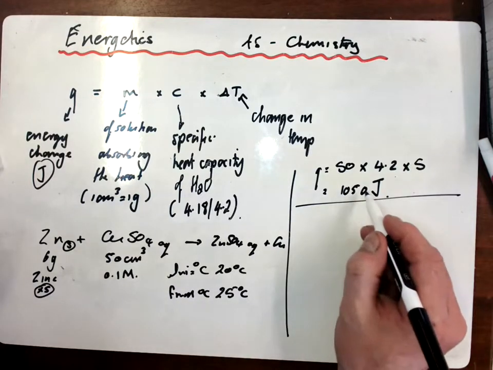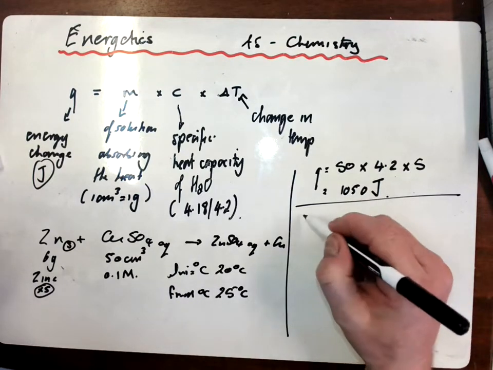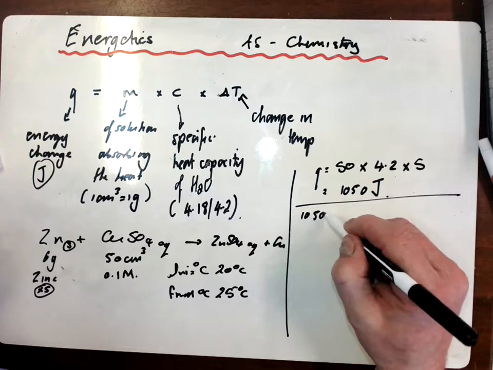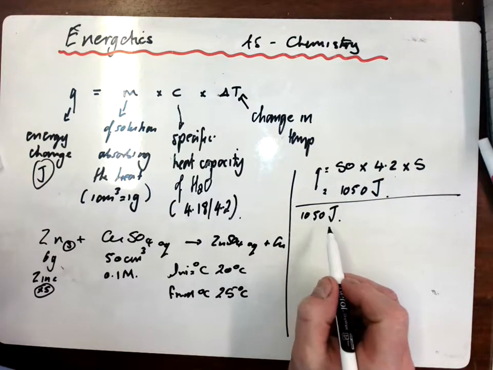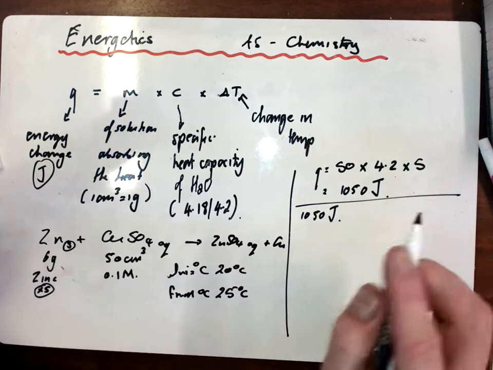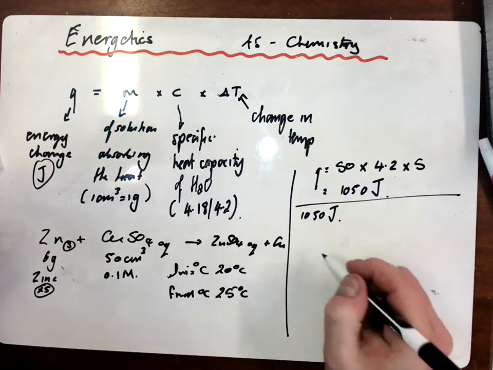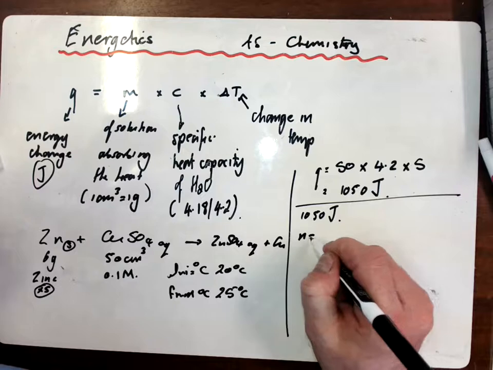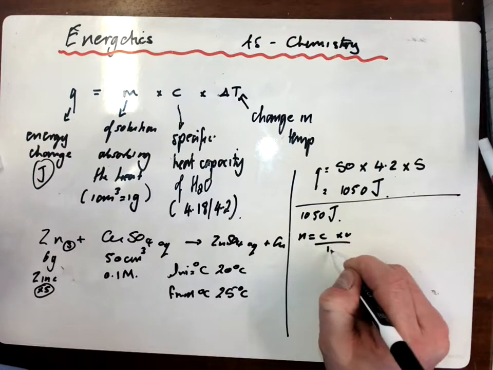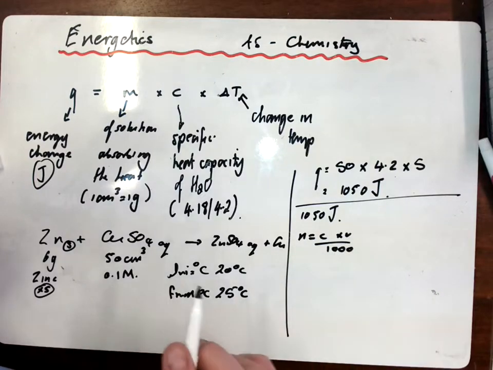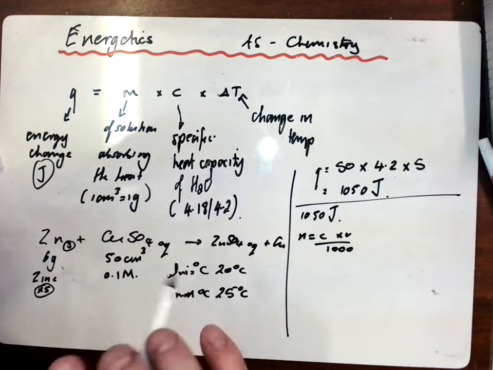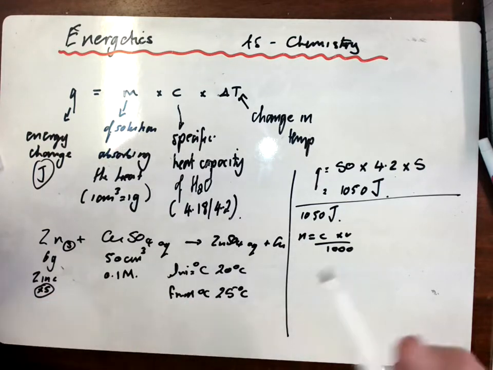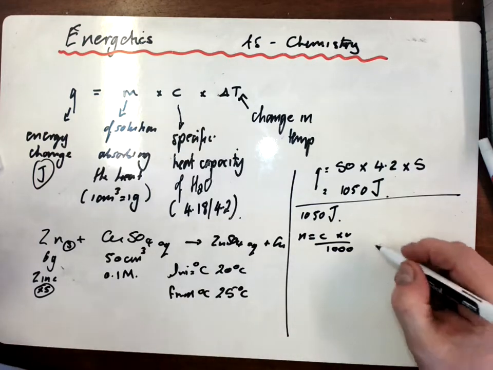So at the minute it's not per mole, so I need to find out how many moles of copper sulfate caused this increase in temperature. Remember n equals c times V over 1,000, because I've got volume and concentration of my copper sulfate.